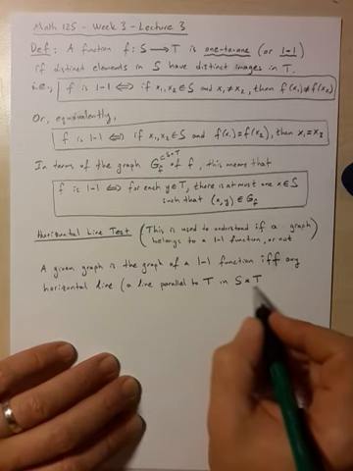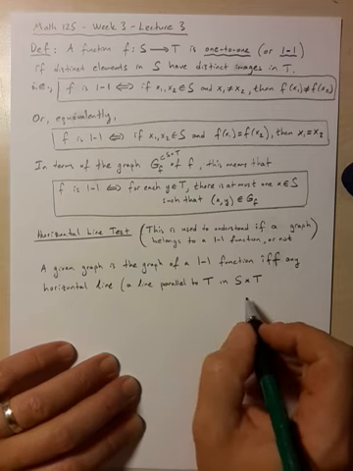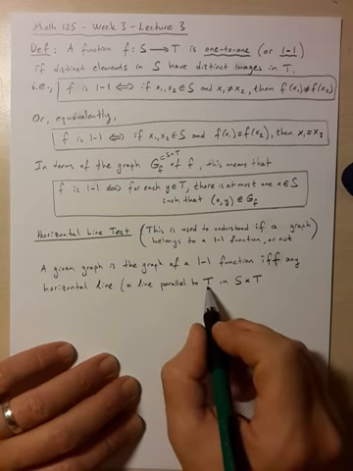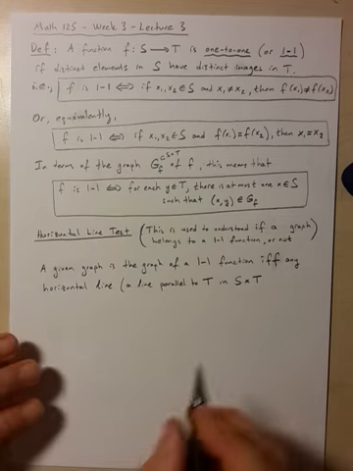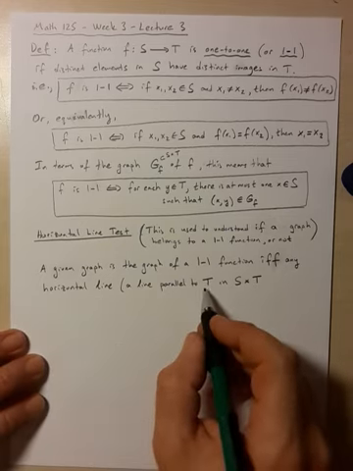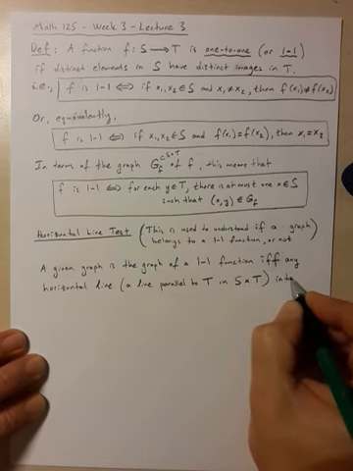Usually, remember, S and T will be subsets of real numbers, so it's like R square, R cross R. So this is a copy of horizontal R, right? I will draw the picture. If and only if any horizontal line, a line parallel to T in S cross T, intersects the graph.